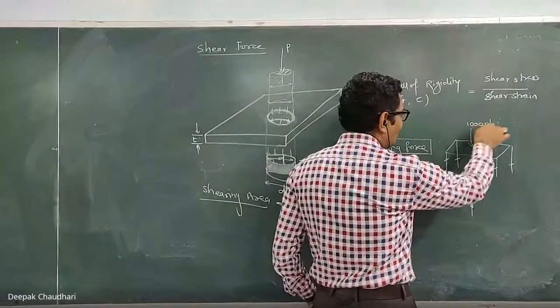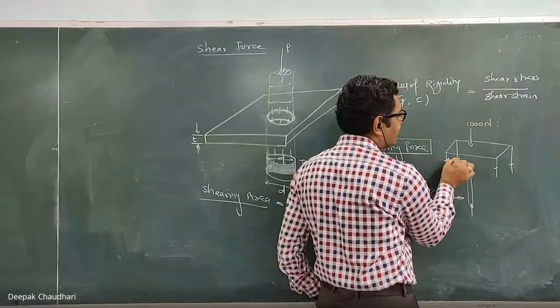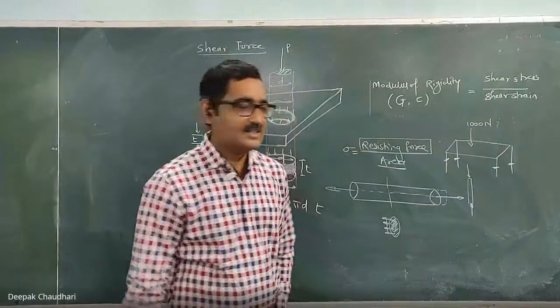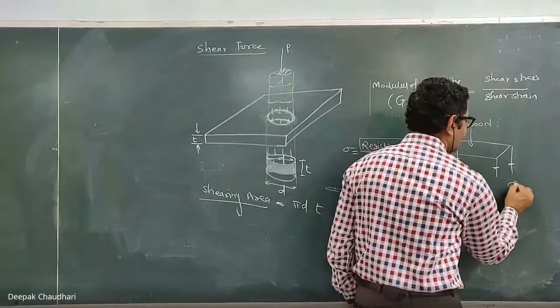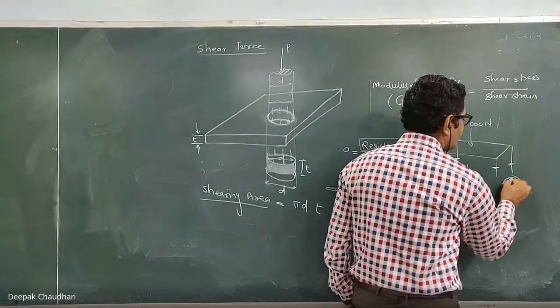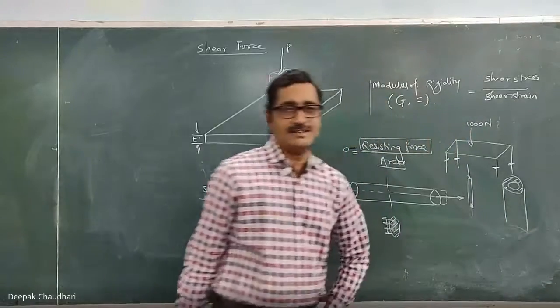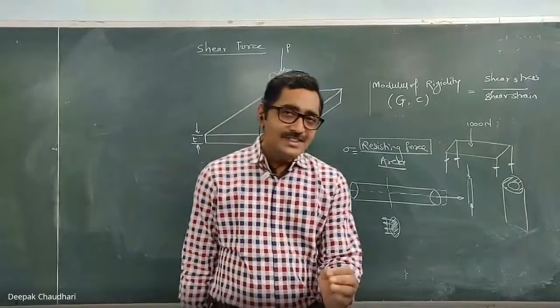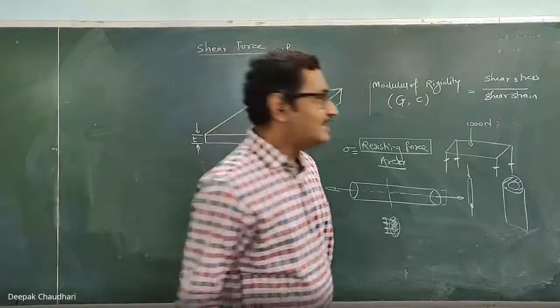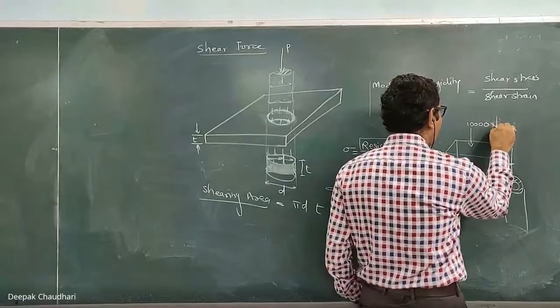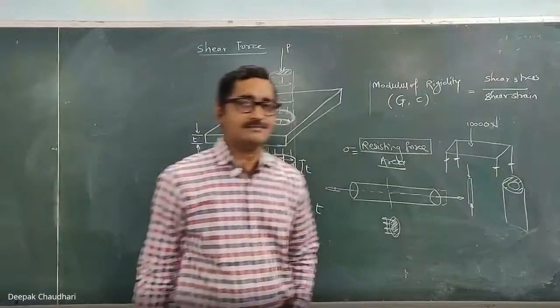Corresponding to this load, I have considered some cross sectional area. If it is a hollow circular one, then this cross sectional area I have selected. Now, let's consider instead of 1000, I have to design the bench for 10,000 Newton force.